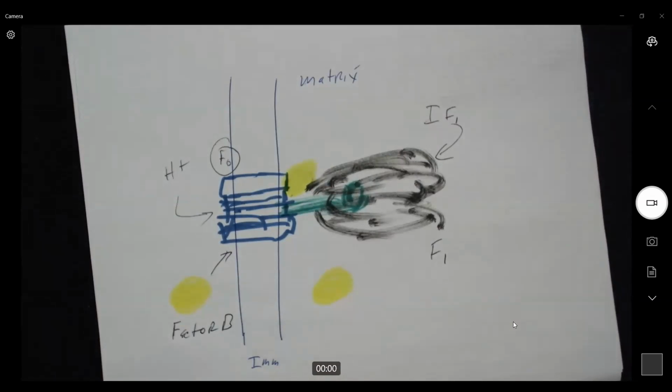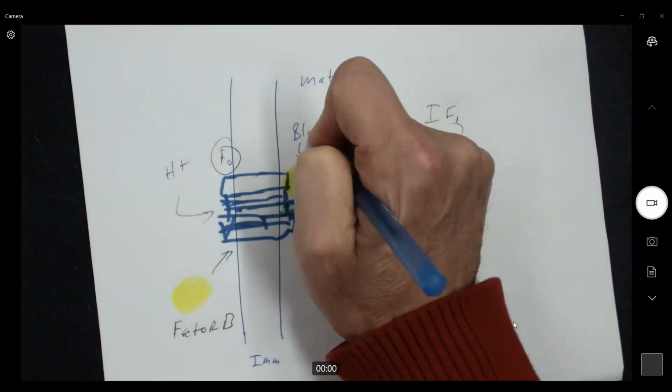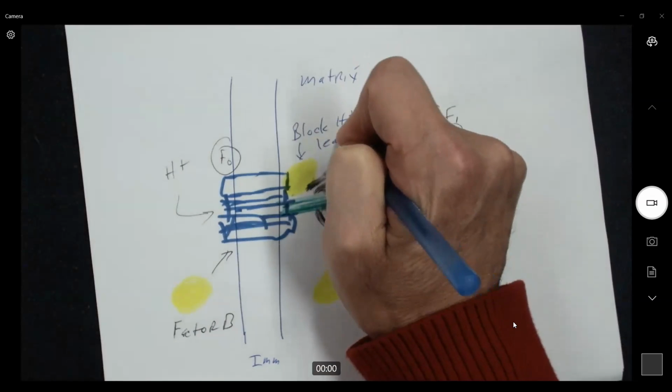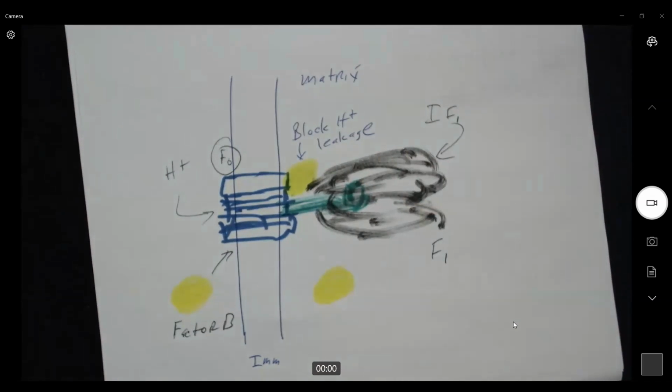It will block the leakage of protons across the inner mitochondrial membrane from the intermembrane space.